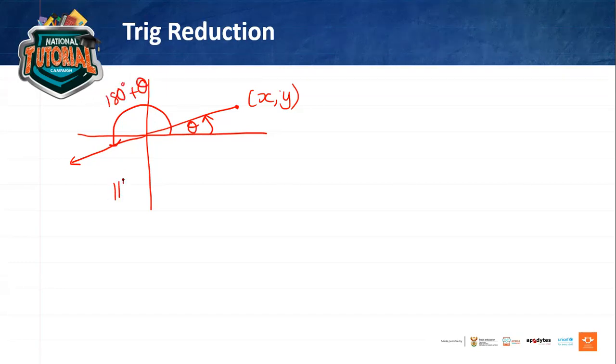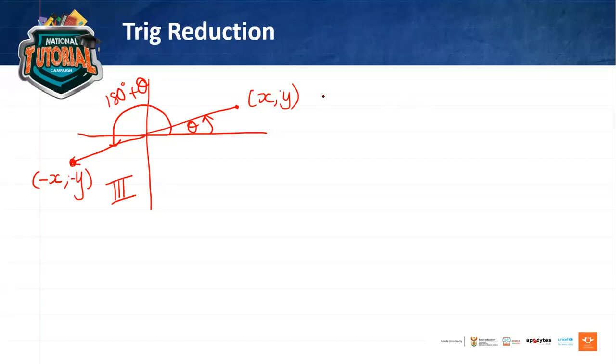So we're looking in quadrant 3 of our Cartesian plane. What happens with our x coordinate is it is now a negative x coordinate, and our y coordinate, because we're below the x-axis, is also a negative y.